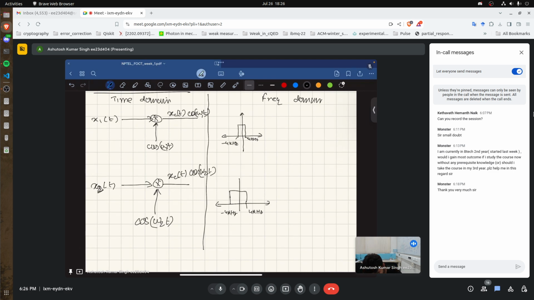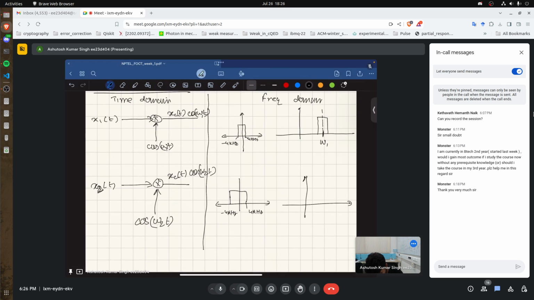So with modulation, what I have achieved is that I have moved this frequency content to somewhere around frequency omega1. Omega1 was here, and because of this modulation operation, I have been able to move this here.